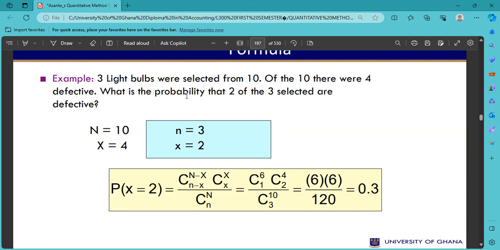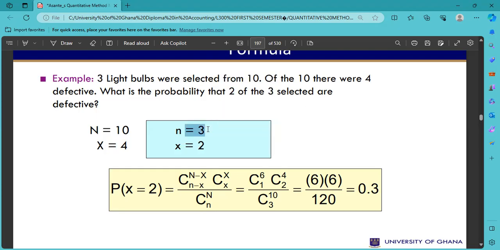What is the probability that 2 of the 3 selected are defective? So we are selecting the sample. The probability of 2 is the small x here, which is the success, and we are selecting 3.